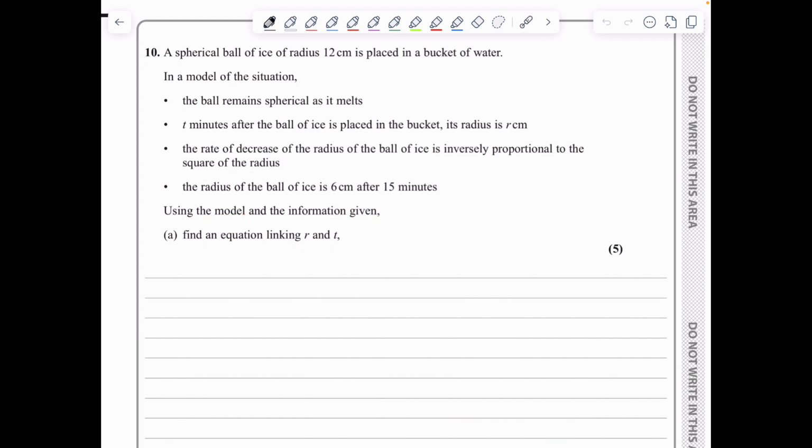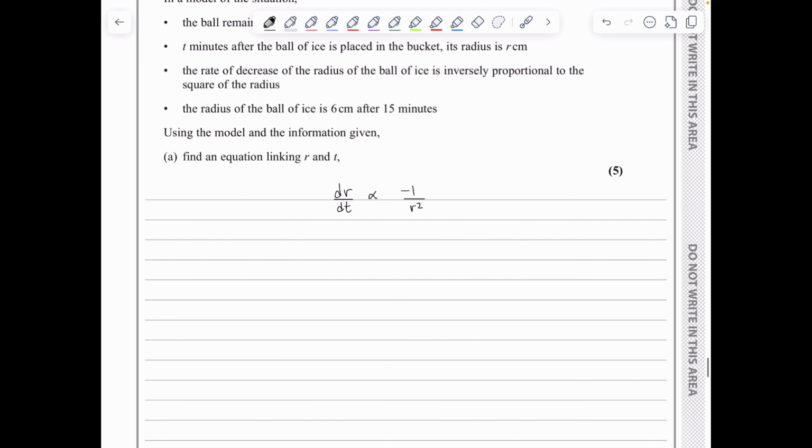I will start with the fact that the rate of decrease of the radius is inversely proportional to the square of the radius. So dr dt is proportional to minus 1 over r squared. The negative sign is indicating that we're looking at the rate of decrease, and I will move from a proportionality to an equation by introducing the constant of proportionality, which I will call k.